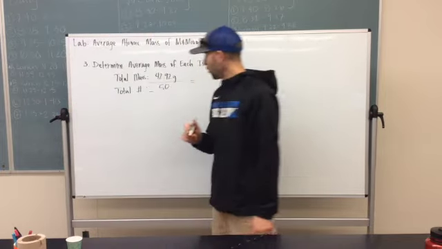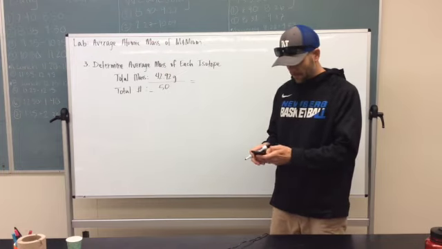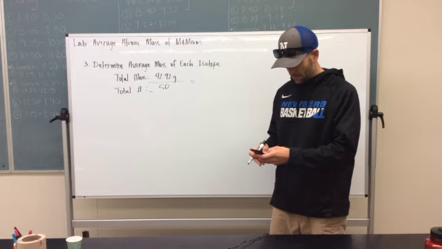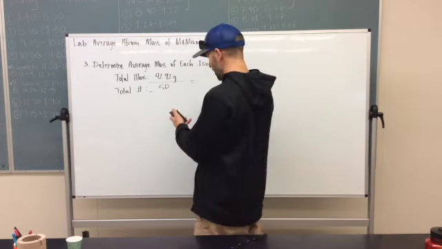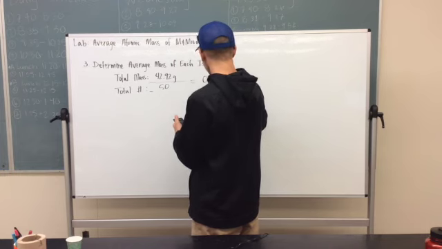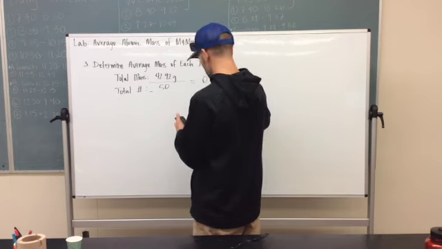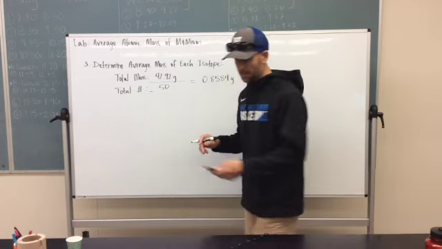So we're going to take 42.92 grams and divide it by 50. And we will find that our average mass is 0.8584 grams.